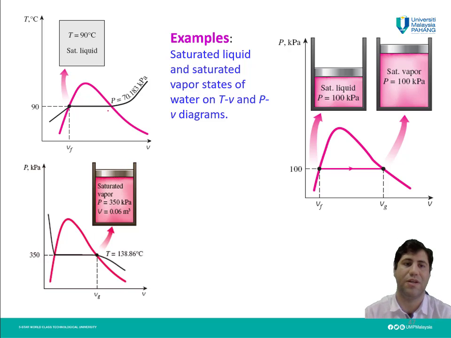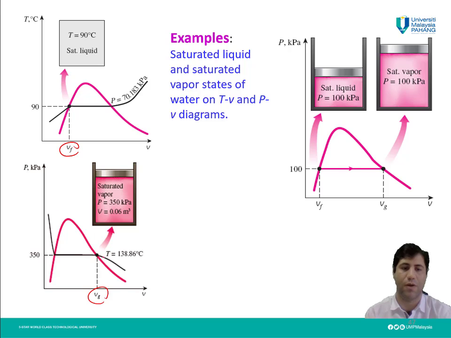Here you can see again just a simple example of how you can use table A4 and A5, and for which states you can use them. You can see that the table is for the saturated liquid line and saturated vapor: VF at this temperature, VG at this temperature.